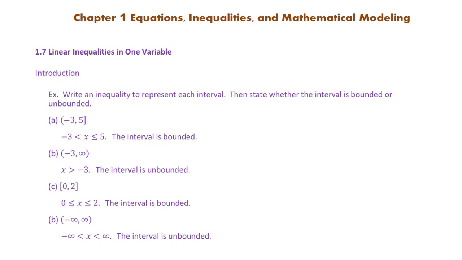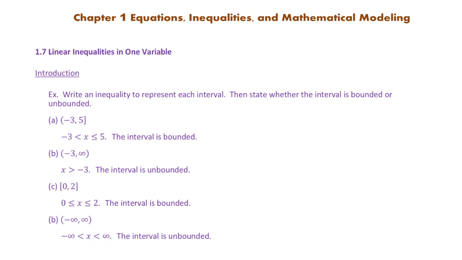This interval is unbounded because it includes all the positive numbers. So there is no bound. You can always find a greater number. If you pick a number, you can always find a greater one in this set.